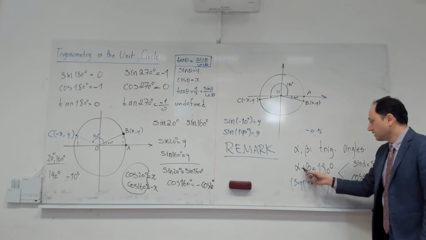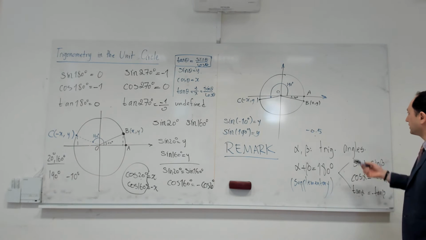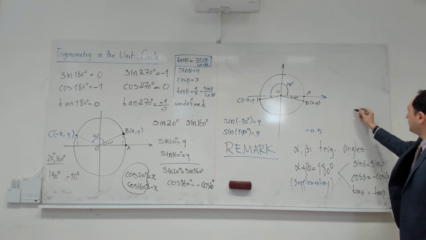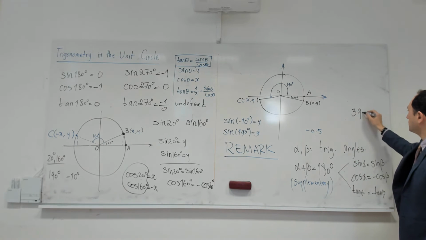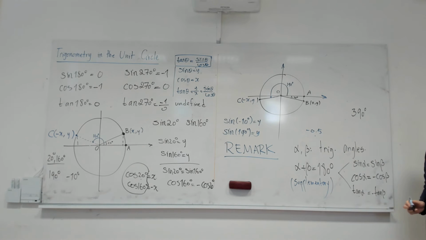So by the way, it doesn't matter how big the angles are. For example, if I take one angle, 390 degrees, what is the supplement of this? Minus 30? Oh no, sorry. What is the supplement to 390 degrees?